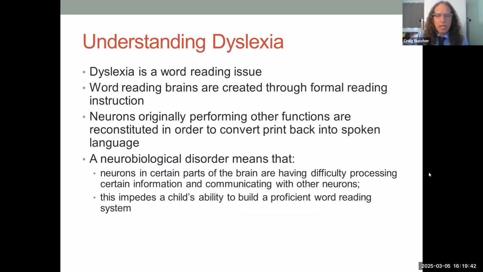What is dyslexia? And then also importantly, what is not dyslexia? I don't have the questions on the slide, Jackie, but that's what to try to articulate to each other: what is dyslexia and what is not dyslexia.